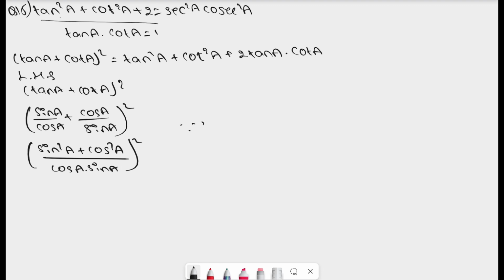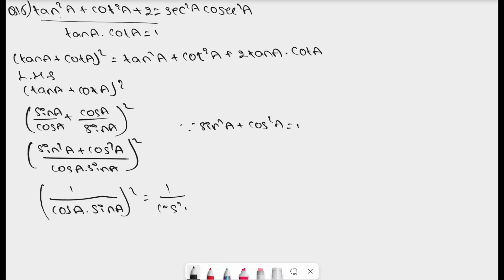And we know our identity, which is sin square A plus cos square A is equal to 1. So now the numerator will convert into 1. We'll be having 1 by cos A into sin A whole square. To write this into two different terms, we'll get 1 by cos square A into 1 by sin square A. And as we know, 1 by cos square can be written as secant square A and 1 by sin square can be written as cosecant square A.